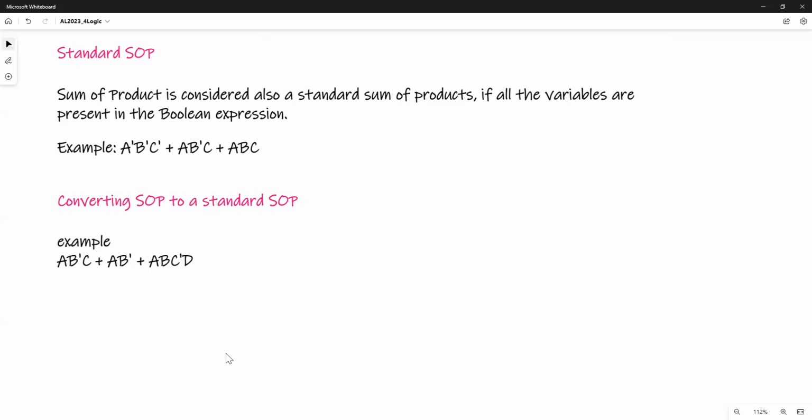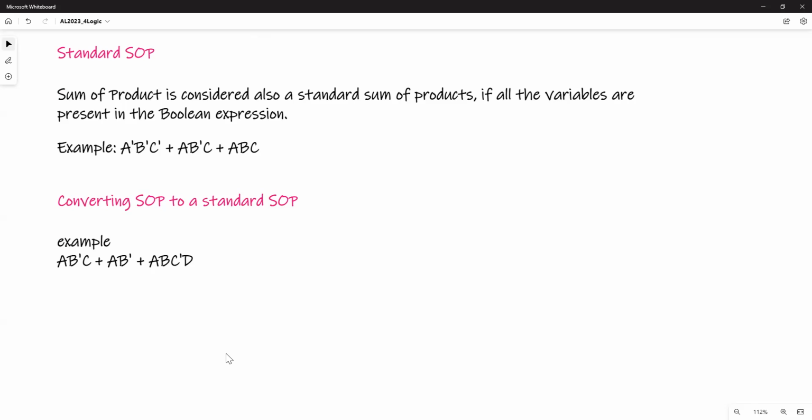No. It's not a standard form. Why? Different numbers of variables. Yes, not all the variables are there. Can you give me a suggestion? What should I do?